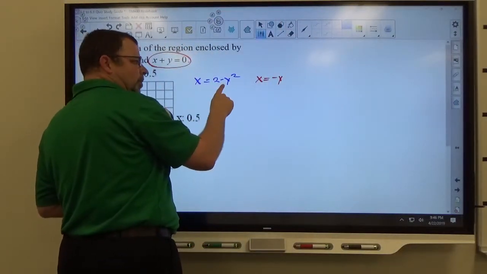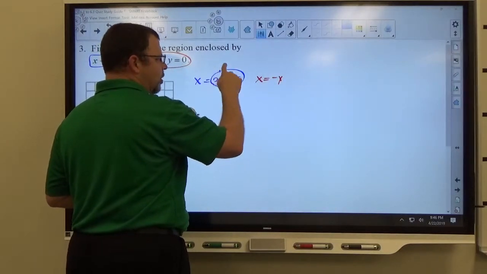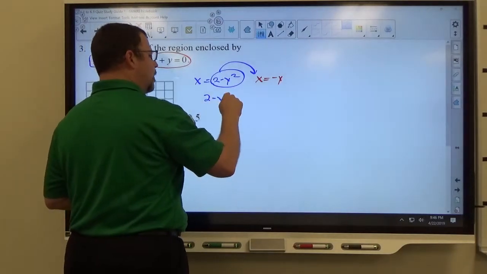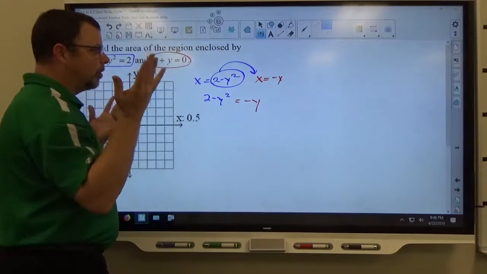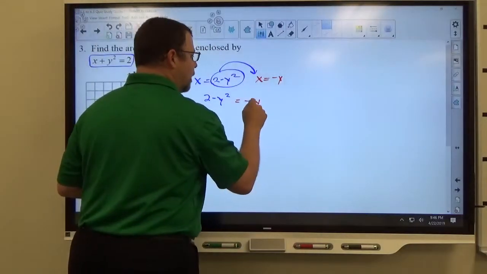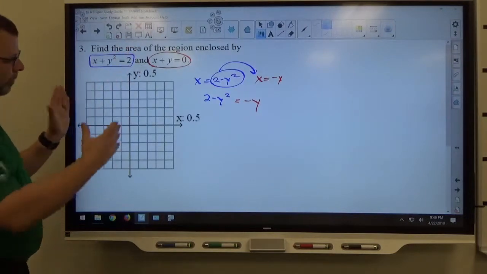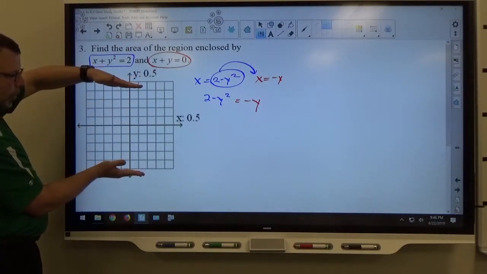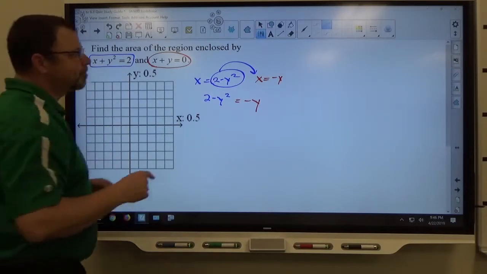Since x equals this and x equals that, I can take this expression and change that x into this expression. 2 minus y squared equals negative y. That's legal. That will give me points of intersection for y. Since I have functions of y, I'm thinking more of a right minus left from a low to a high point of intersection to set the integral up.